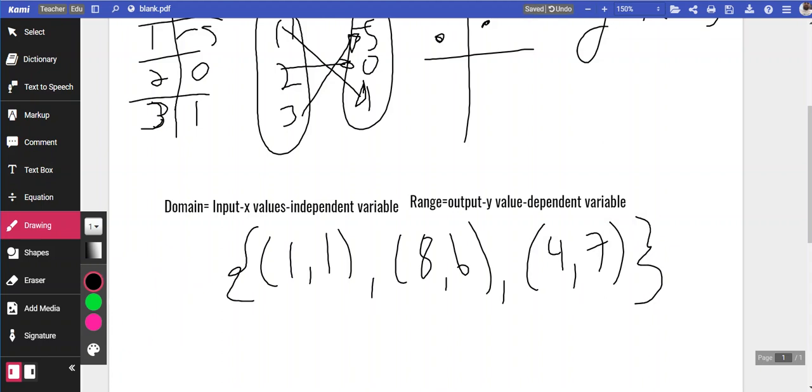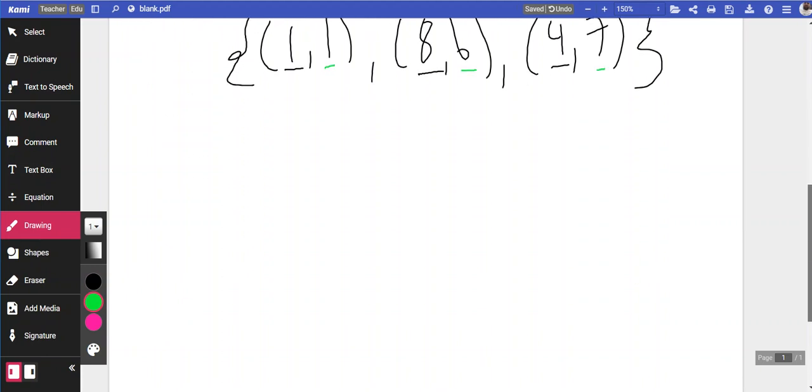Your domain is going to be 1, 8, and 4, and then your range is going to be 1, 6, and 7. So that's your domain, and that is your range, if that makes sense, right?